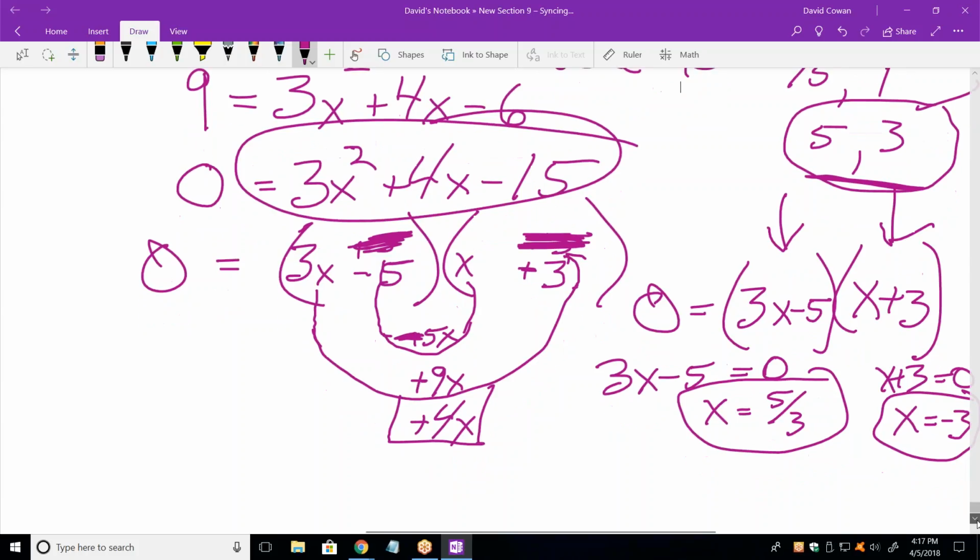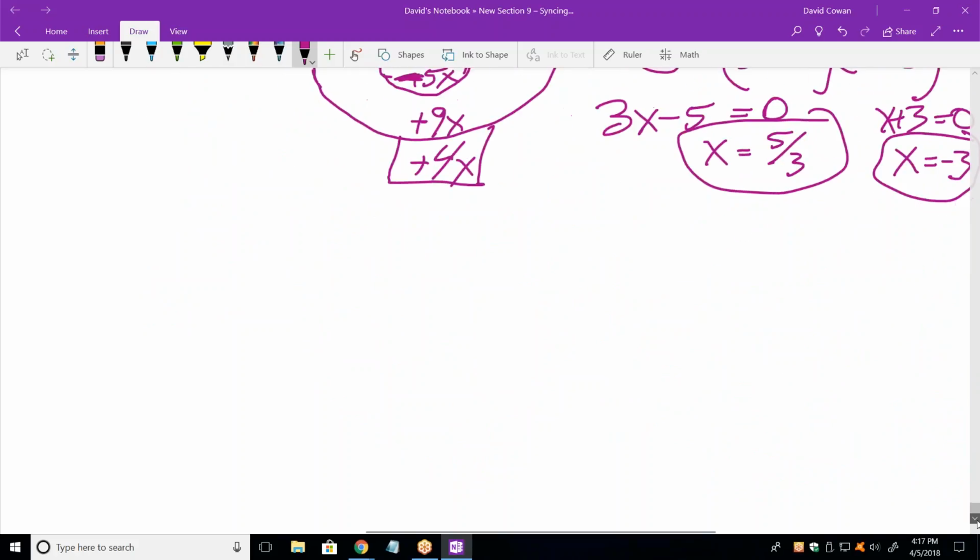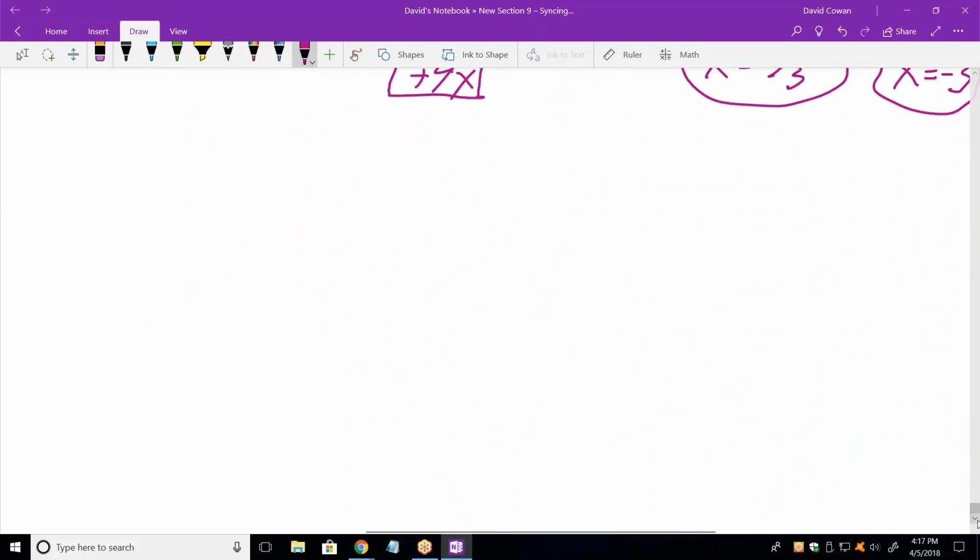The second one is B, and it is 0 equals 3 times parentheses x minus 5, and then parentheses 2x plus 3.